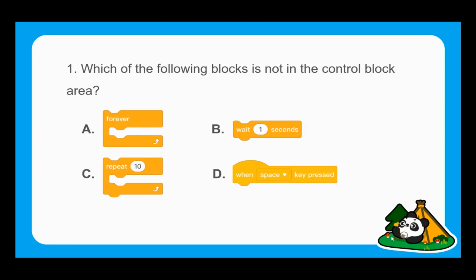So when space key press is not in the control block area, that is of course in the events block area. It's all these ones that we've just been learning about, what's in the control area, controlling the flow of the code. Okay, so we all got that right.